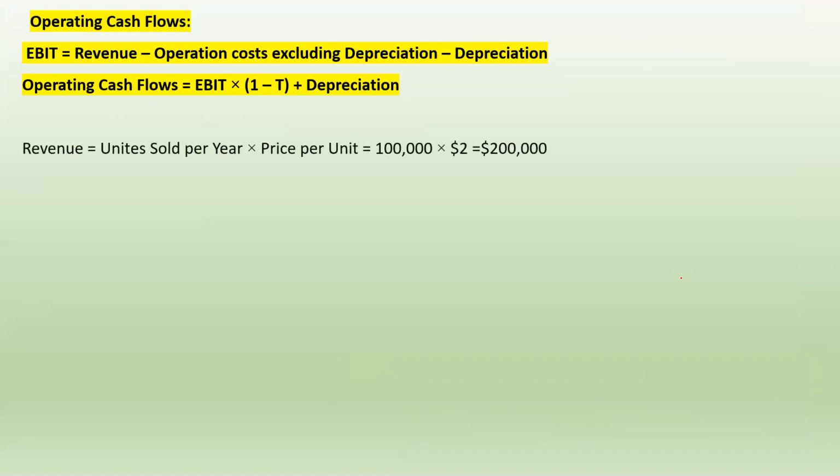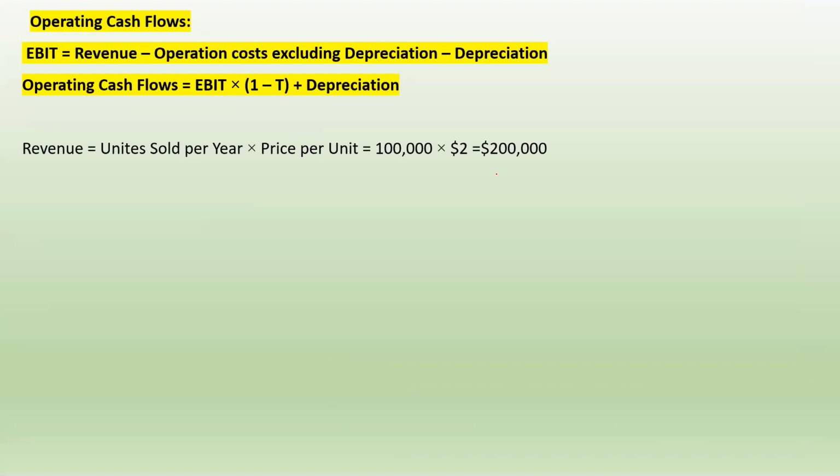And the operating cash flow equals EBIT times 1 minus tax, plus the depreciation. So the revenue is units sold per year times the price per unit, and it equals 100,000 times $2.